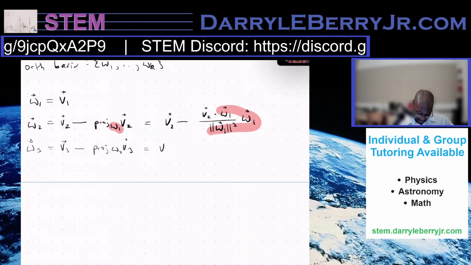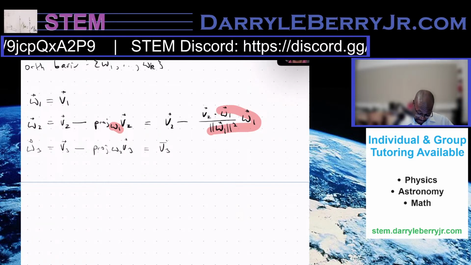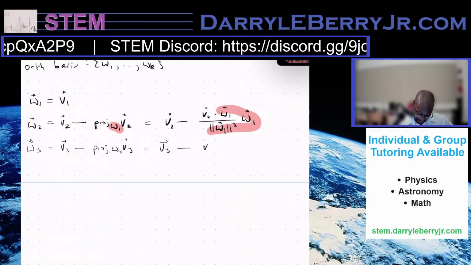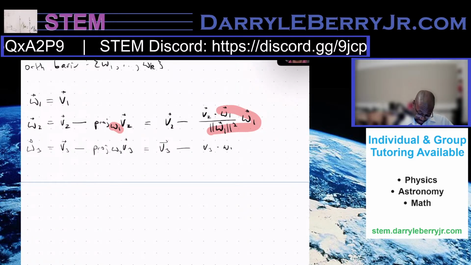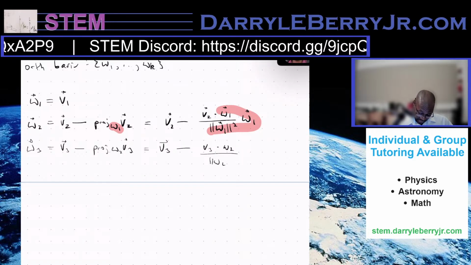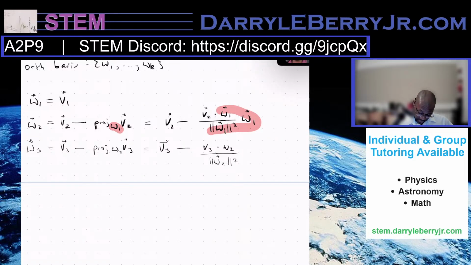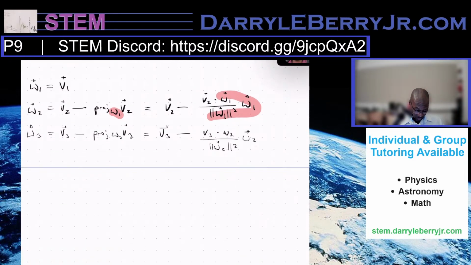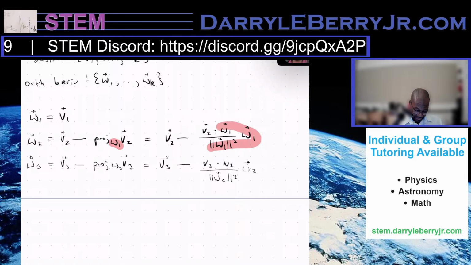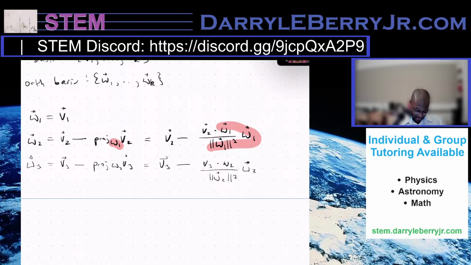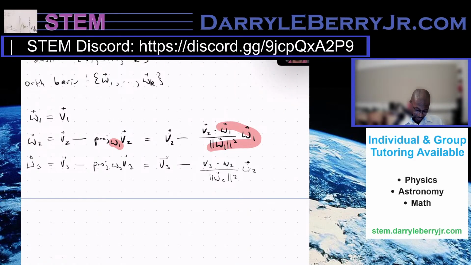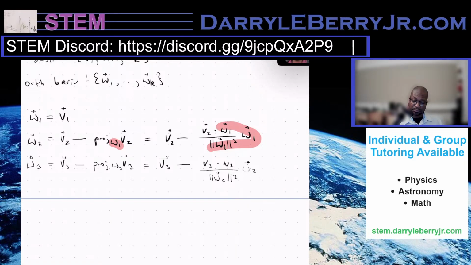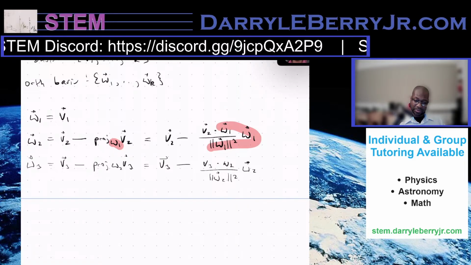So it's going to be V3 minus V3 dot W2 over magnitude of W2 squared, times W2, and so on and so forth. So we have a basis. This is how we can make another vector that's orthogonal to the basis that we have. Simple enough.